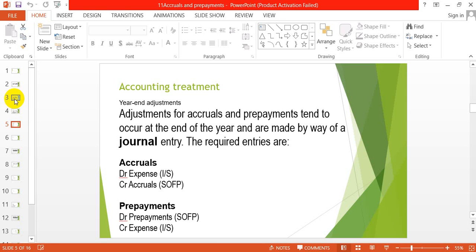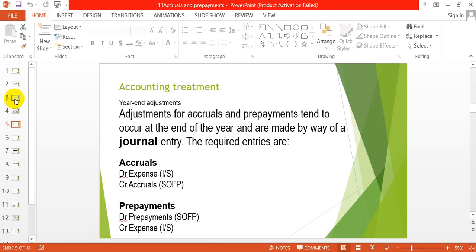On the other hand, for the prepayment, we're going to debit a prepayment, which will be an asset account in the statement of financial position, and credit an expense account in the income statement. Note that this is one of those rare instances where the expense account is credited.